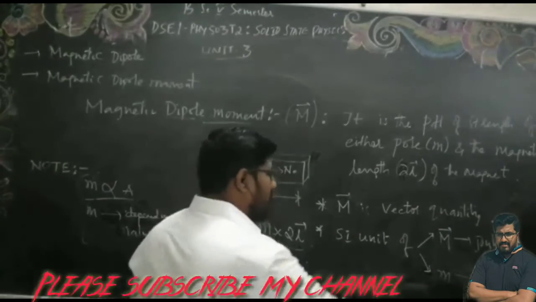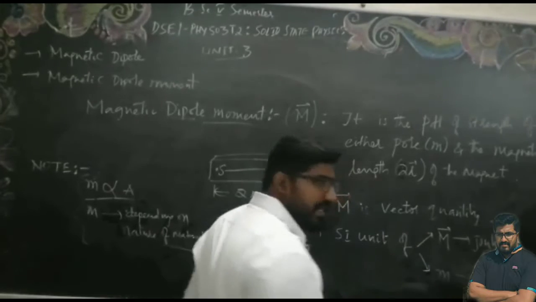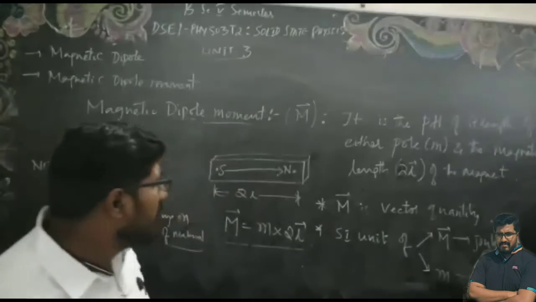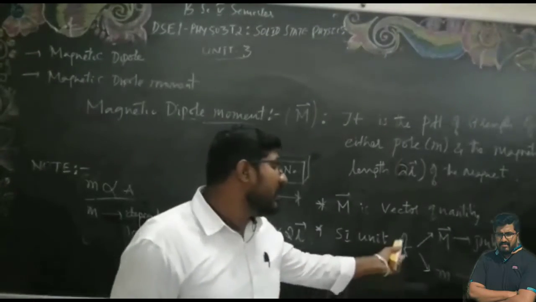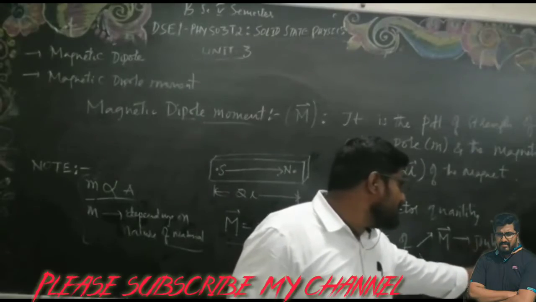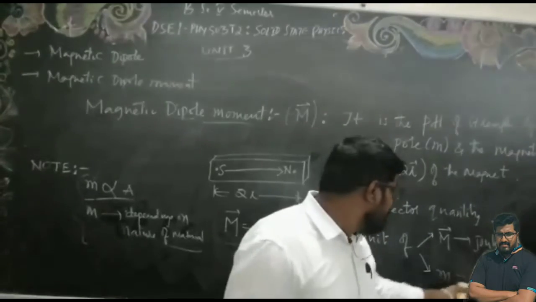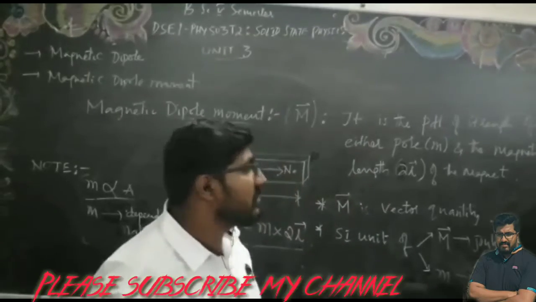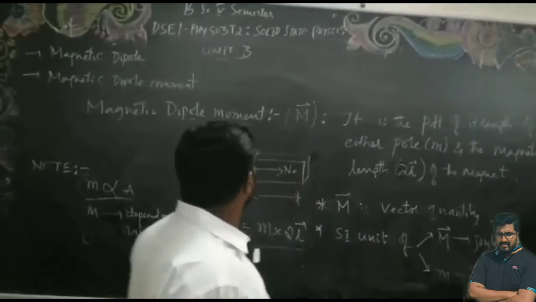And what is the unit of the pole strength? It is ampere meter. So the SI unit of the magnetic dipole moment is joule per Tesla, or ampere meter square, and the pole strength has the unit ampere meter. This may be asked in the examination. Just go through this.